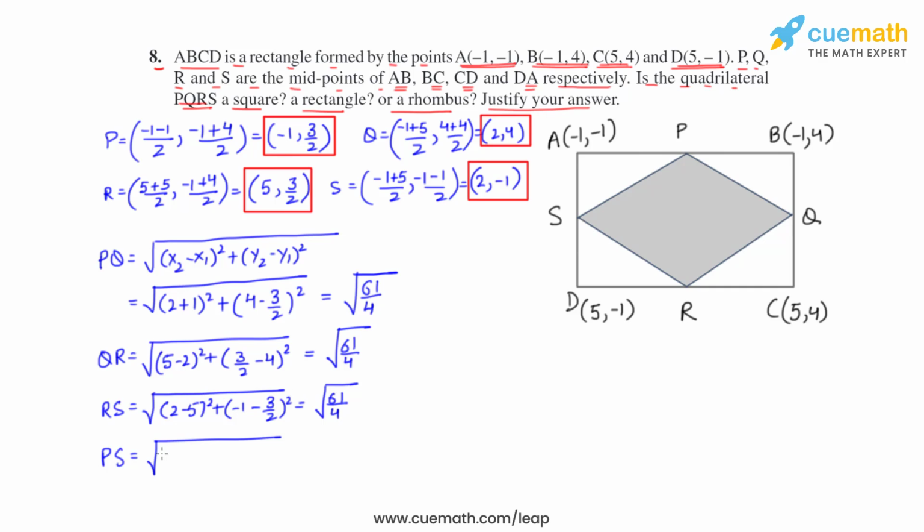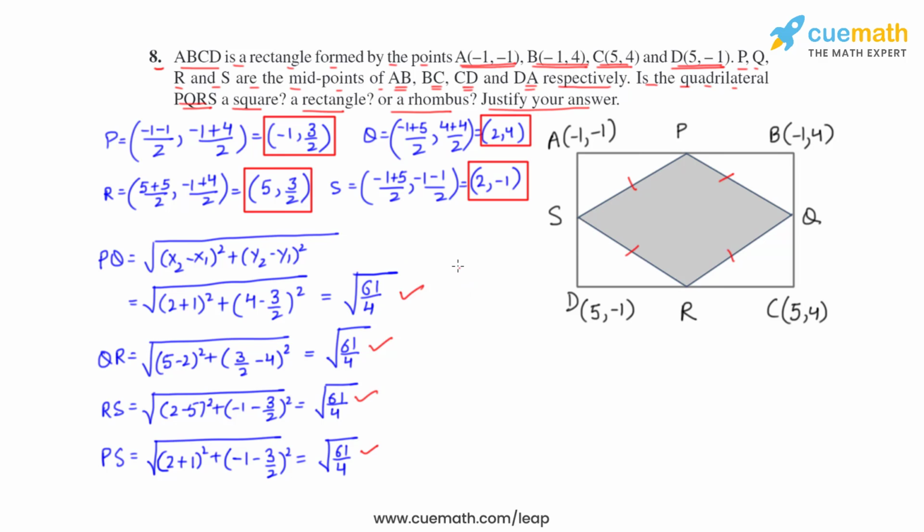So (2 minus -1), that is 2 plus 1 whole square plus (-1 minus 3/2) whole square. Again we will get square root of 61 by 4. So we have seen that all four sides PQ, QR, RS and PS are the same. So either it can be a square or it can be a rhombus.